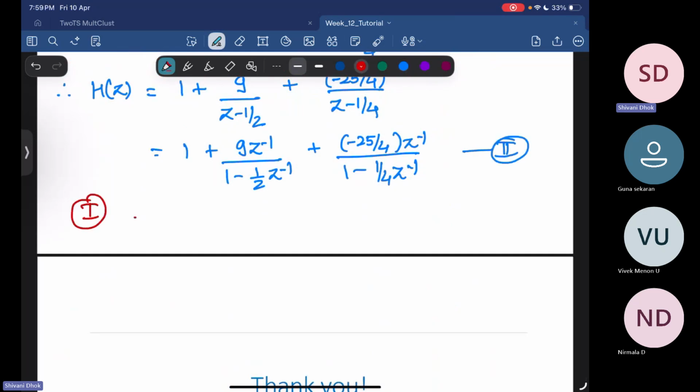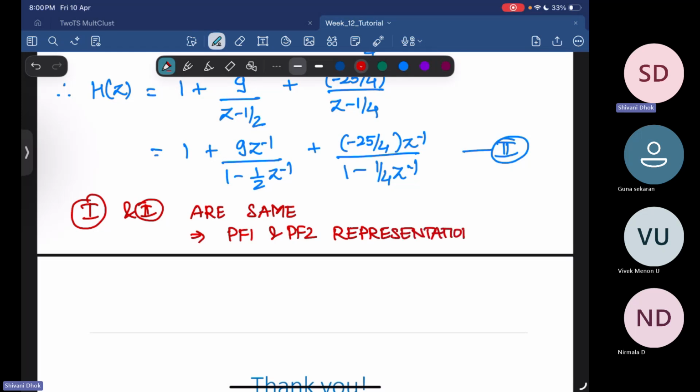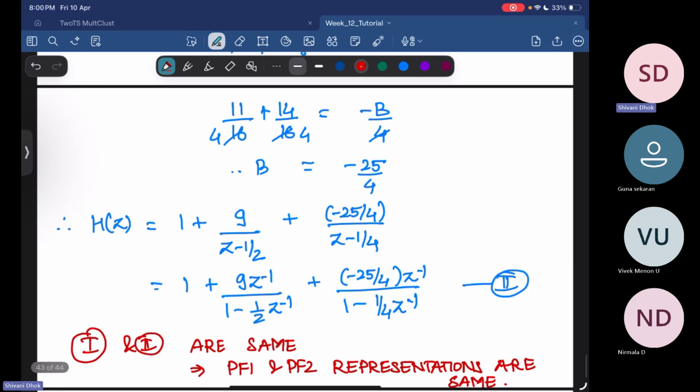So 1 and 2 are the same, which implies that the parallel form 1 and parallel form 2 representations are identical. Is it clear? Any questions?